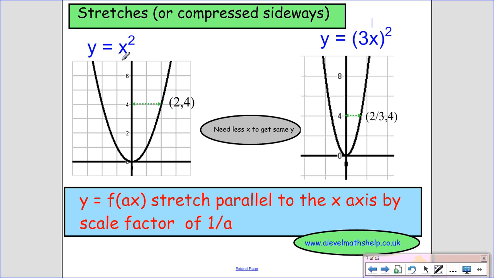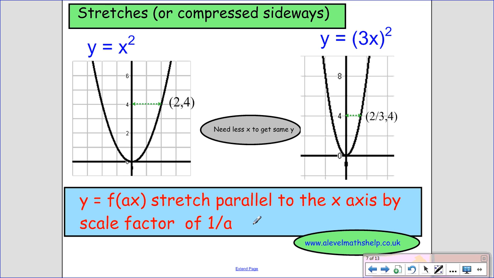If I had 6 here, what x value would I need here? I'd need 2. And so again, my x value has gone from 6 to 2, so it's got smaller by a factor of 3.